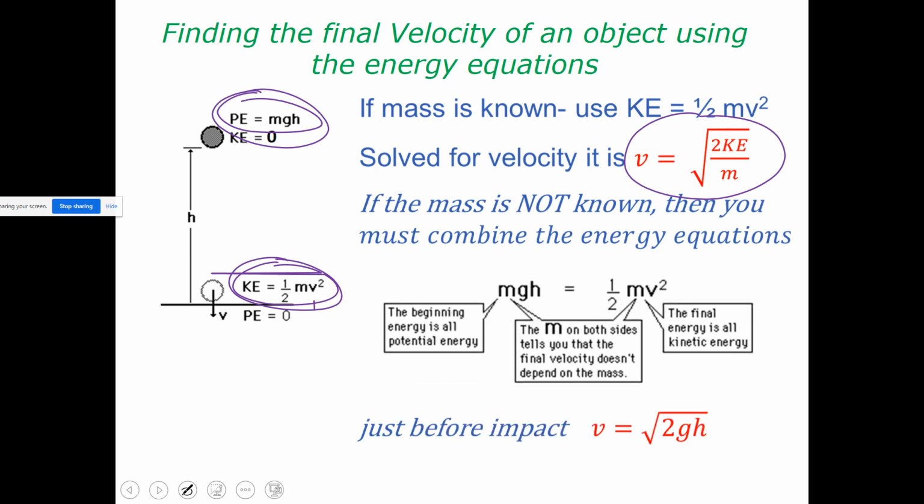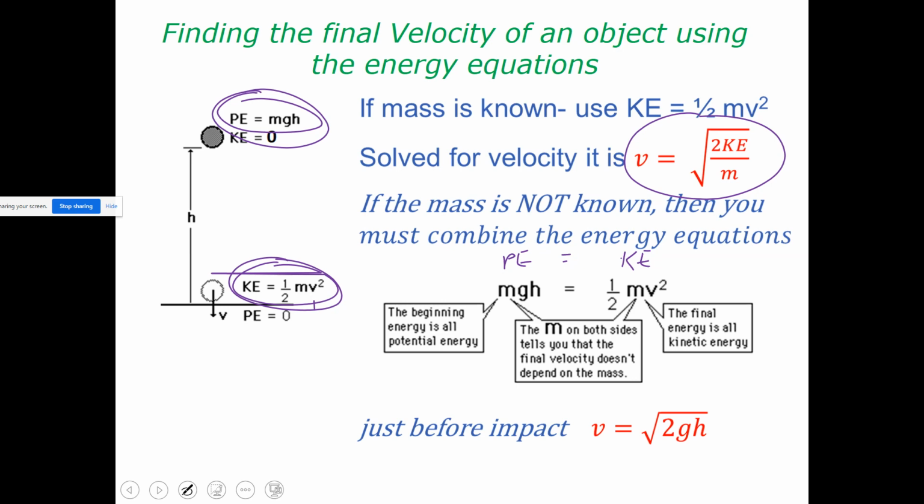If we put those two formulas against each other, the potential energy that you calculate at the height h is going to be the same amount of kinetic energy that you need at the bottom to calculate the velocity. We can then make them equal. In other words, potential energy, here it is, mgh, at the top should equal kinetic energy, here it is, at the bottom.